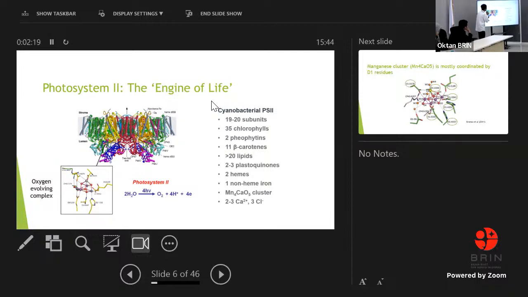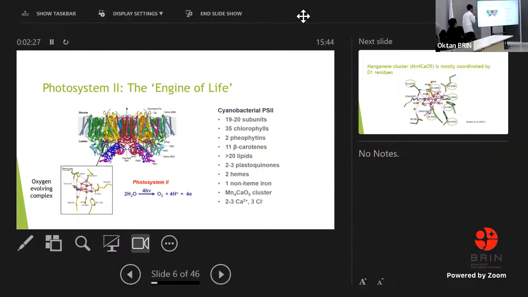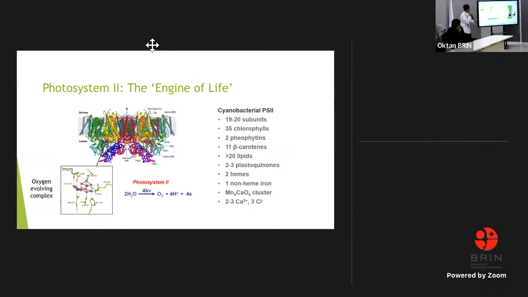In photosystem 2, there are many subunits, chlorophylls, and so on, and it has the manganese cluster, Mn4CaO5, which is the site that evolves oxygen, called the oxygen evolving complex, and it is critical because it produces oxygen from water by splitting. So this is the manganese cluster and the residues that coordinate it.